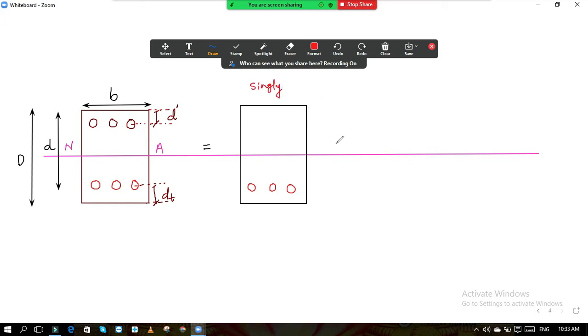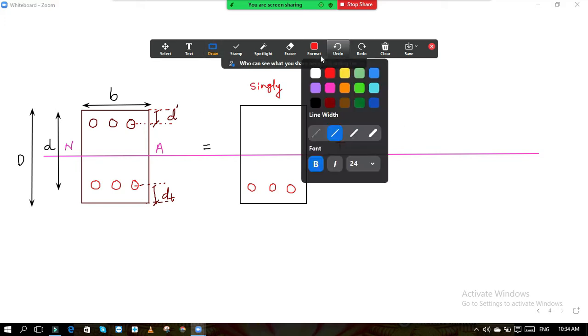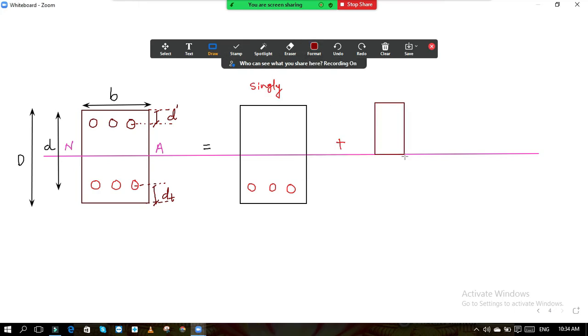And plus if I add one more section, that is the cross section, and now here if I provide one, two bars over here, three bars we will provide at the bottom.